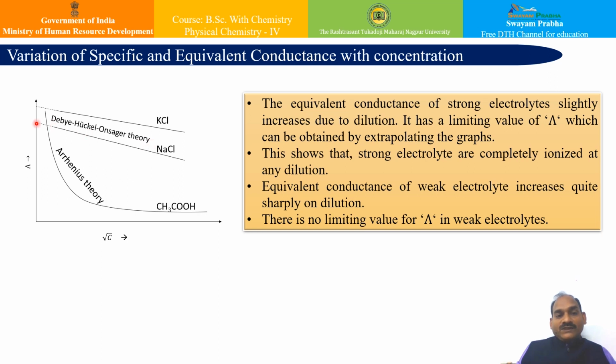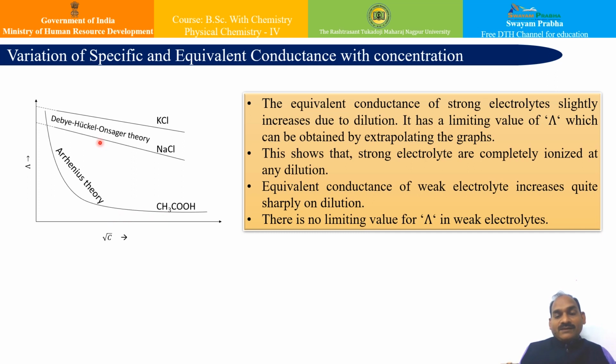Now, this is for dilute solutions we are talking about. So this linear variation is seen over here. Now, if you see the case of weak electrolyte, this variation is very rapid at lower concentration compared to higher concentration.